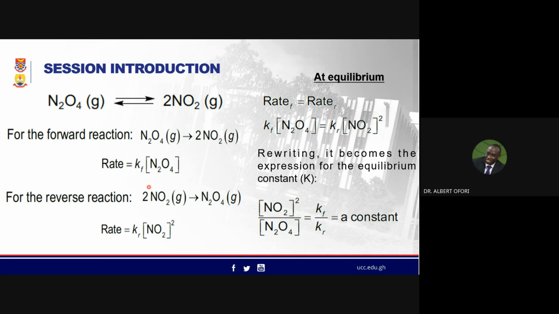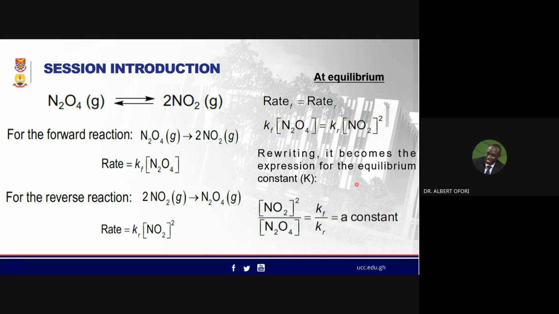That is just a single step reaction. If it is a single step reaction, then the order is the same as the mole factor which is multiplied there. So this is an elementary reaction, and the order will be the same as the stoichiometric coefficient there. That's how we write that.